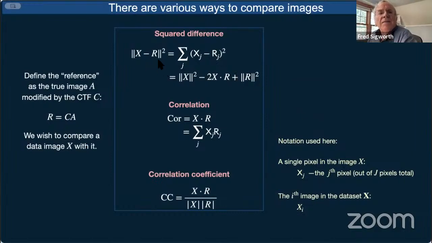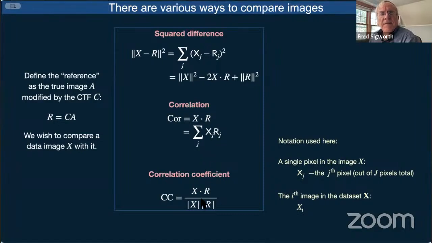Now, to do this, we want to compare an experimental image with a reference. For example, we can look at the pixel by pixel squared difference between the experimental image and the reference. We can look at the correlation like I just did, which is pixel by pixel multiplying the experimental image by the reference.